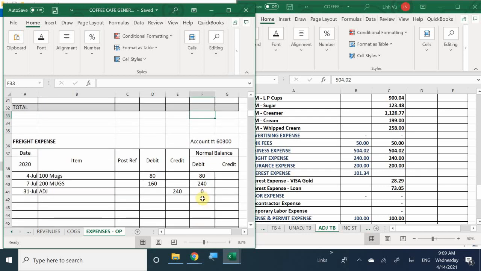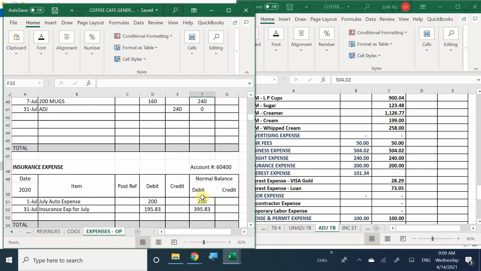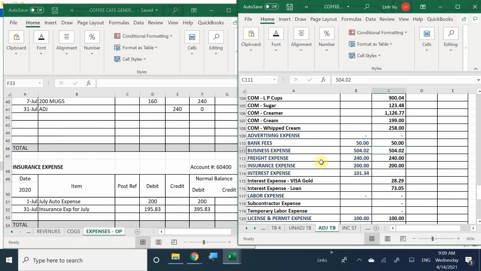So now next is my freight expense. Right, it's 0 because we did our inventory conversion, right? So we have nothing in there.